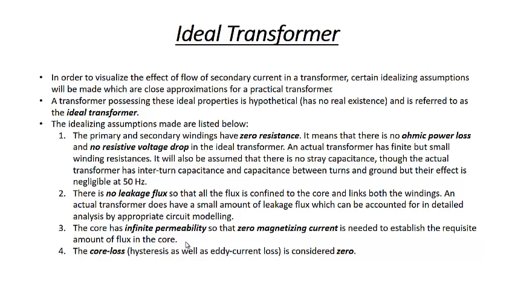Since permeability is infinite, reluctance will be zero. When reluctance is zero, phi into zero will be equal to zero. That means for any amount of flux that is to be established in the core, no current will be needed, because the reluctance offered by the core will be zero when we assume infinite permeability.